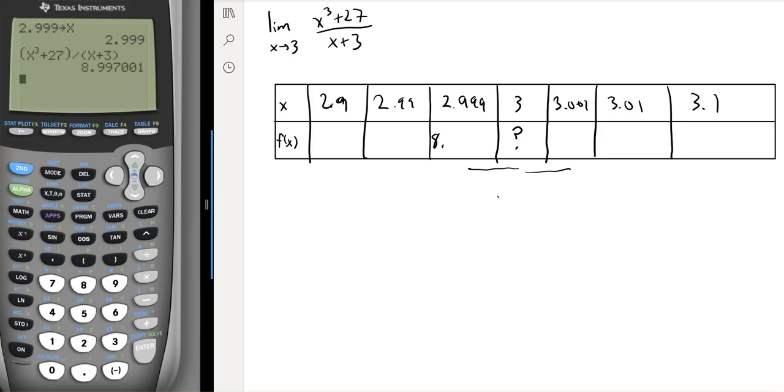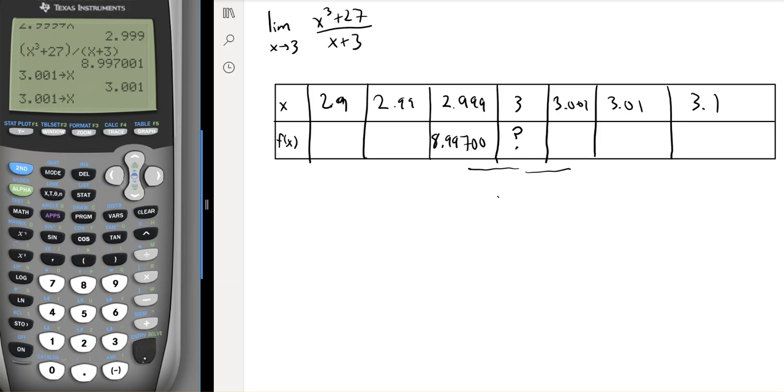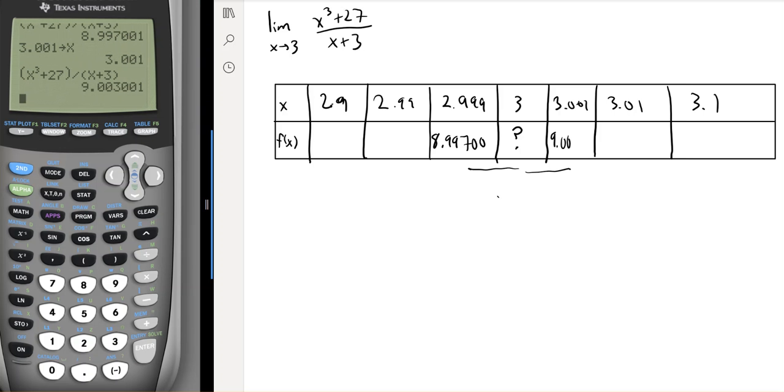Okay, and then if I move slightly further away, okay, so these are the two closest values that I picked, and one is extremely close to 9 and the other is extremely close to 9. One's below, one's above, so I believe that's going to come out to be 9.